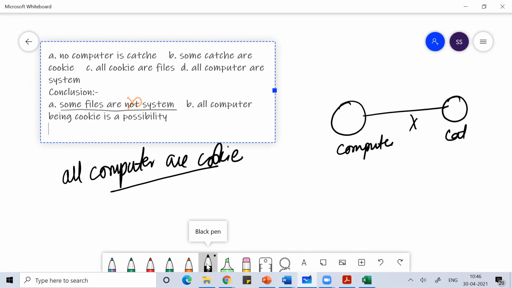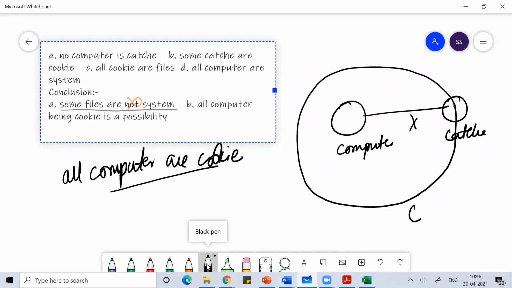Some catchy are cookies. This can be the diagram. So here, with all computers, you're getting some catchy are cookies. Yeah, correct.